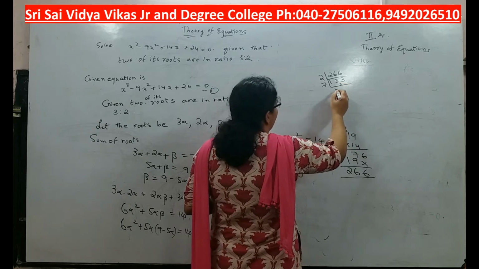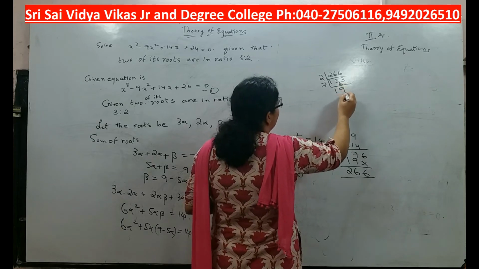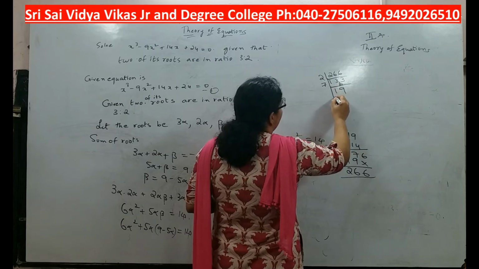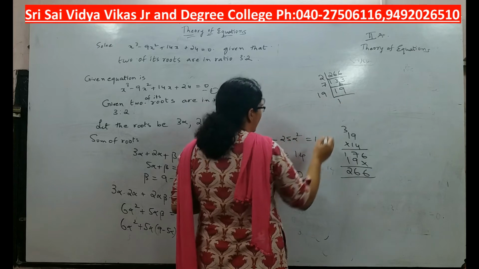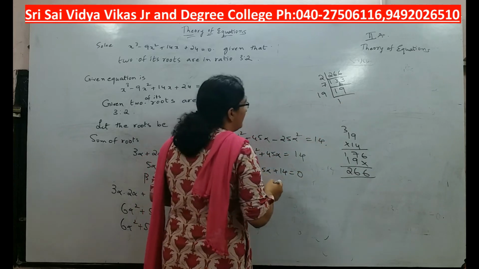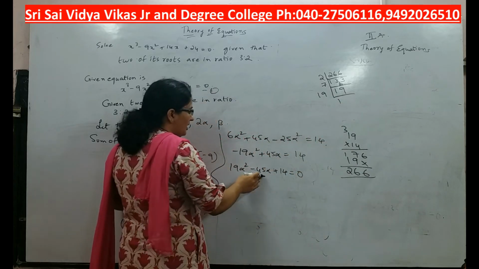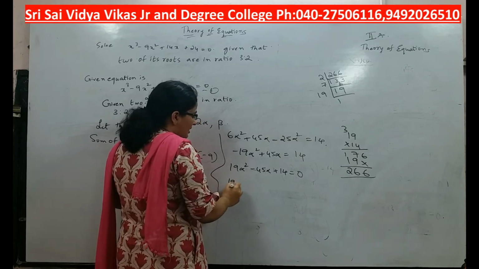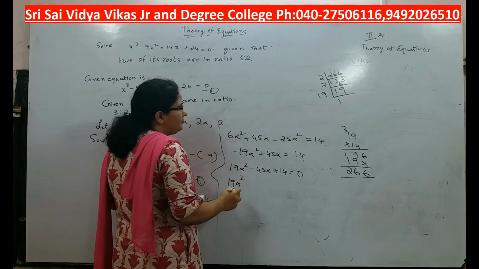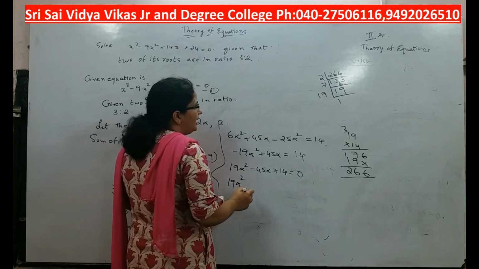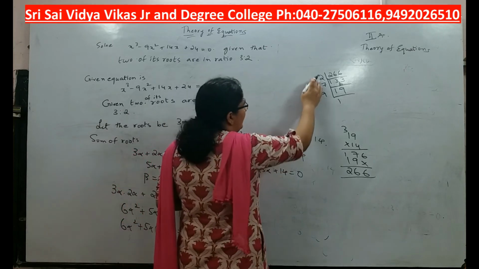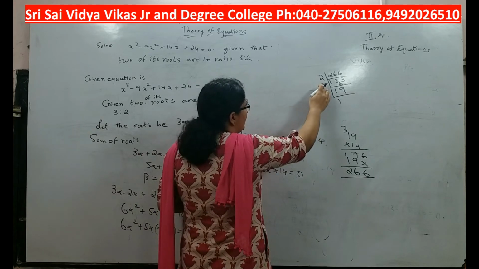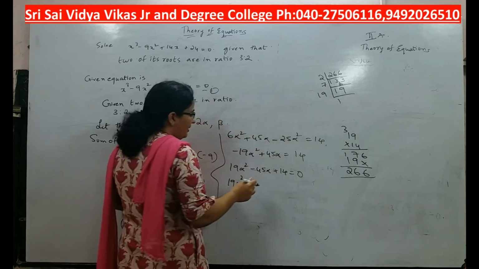It doesn't go in 7 table. So 14 and 19 doesn't give you 45. 19 2s are 38, 38 plus 7 will give you 45.